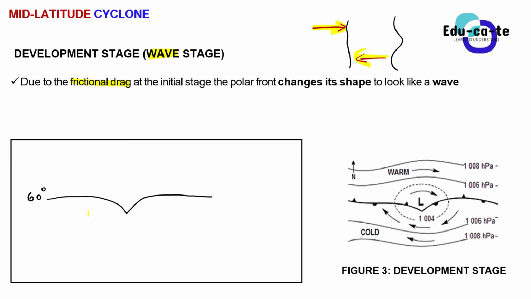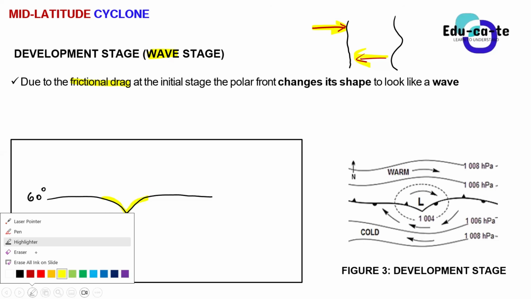So the polar front can never be straight in that way. If you imagine punching one thing in opposite directions, that thing will no longer remain straight. It will start forming a wave-like shape. So the polar front will start bending because of that frictional drag between these two air masses. Are we together?